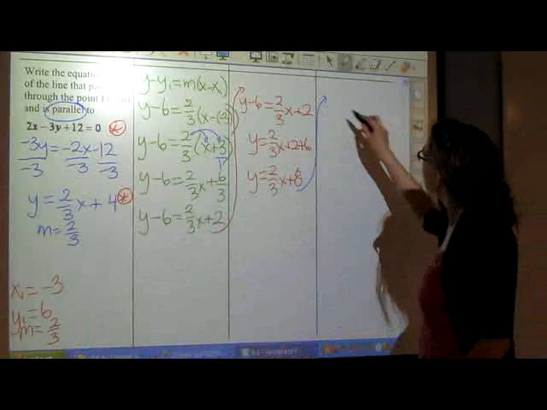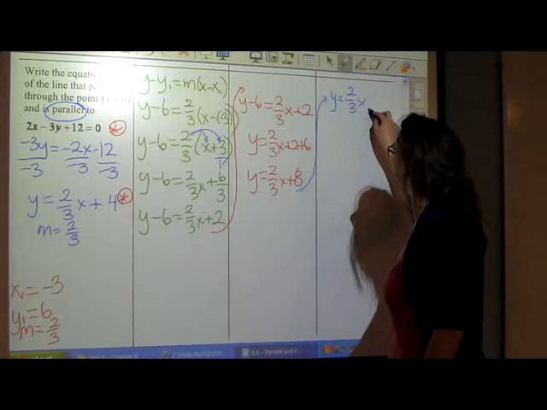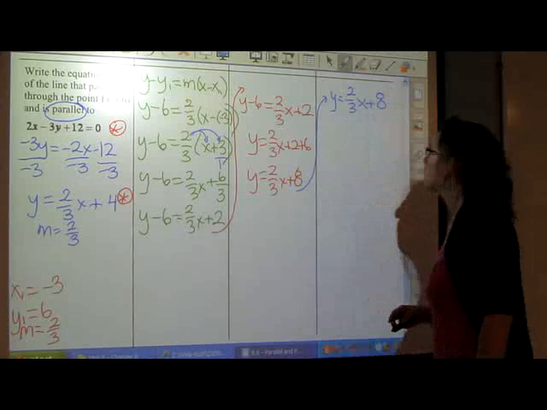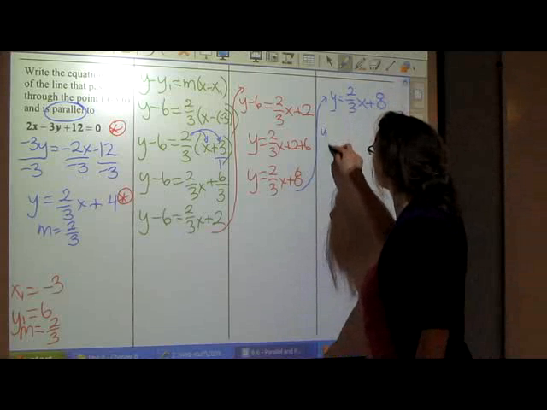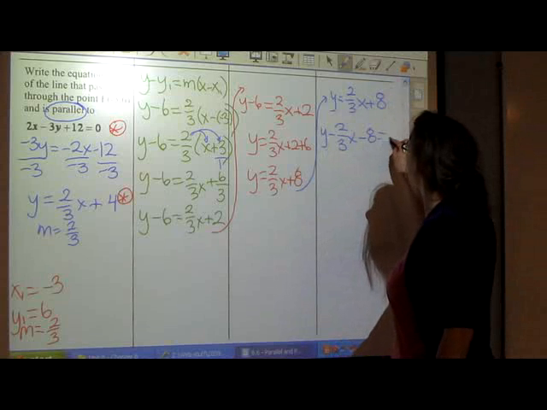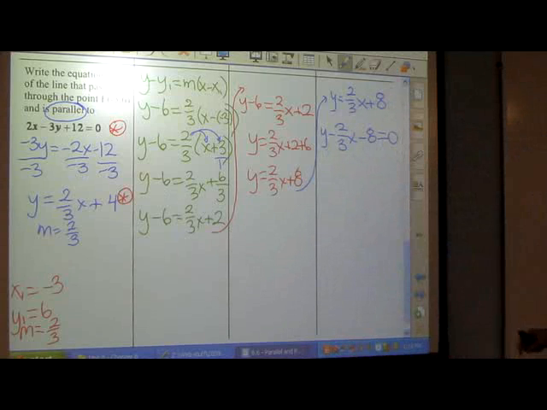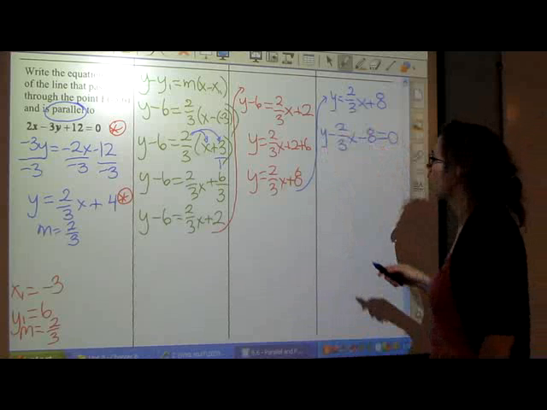Let's put this into standard form. y equals 2/3 x plus 8. Moving everything over to the left, so pluses become minuses. Let's rearrange our letters here.